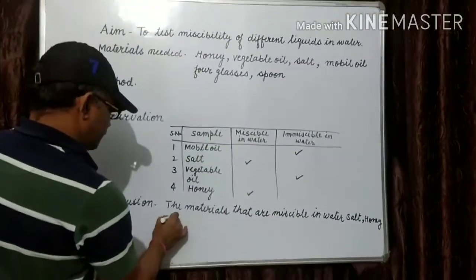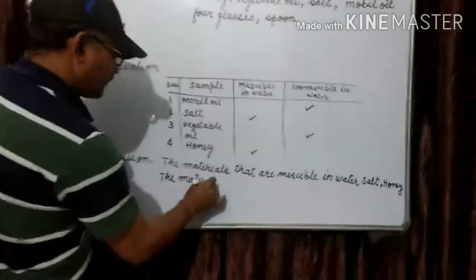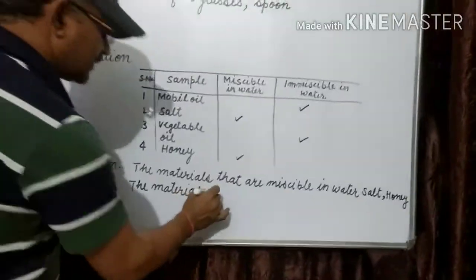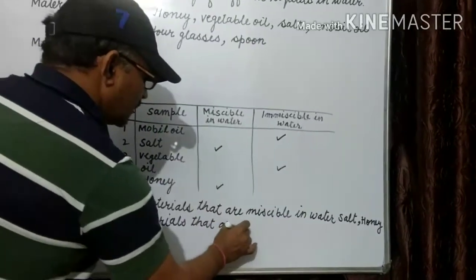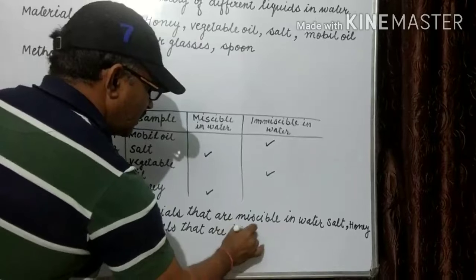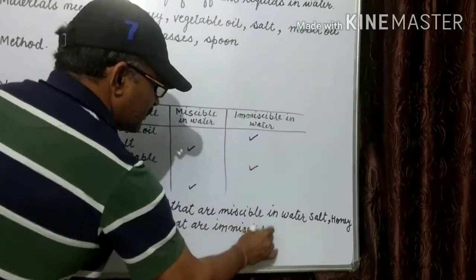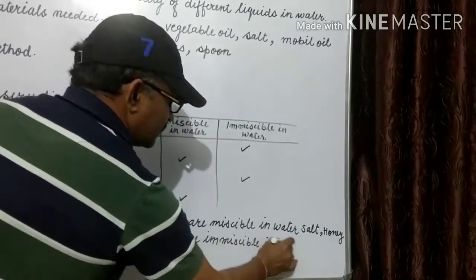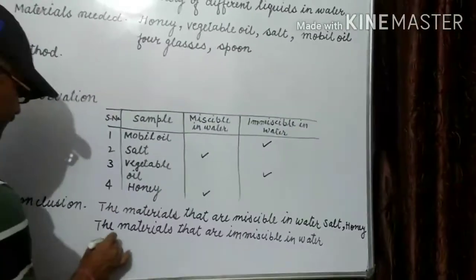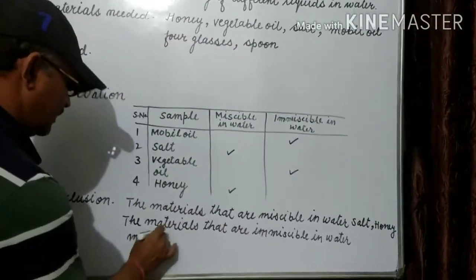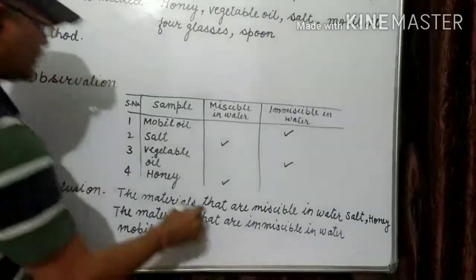Second, the materials that are immiscible in water: mobile oil and vegetable oil.